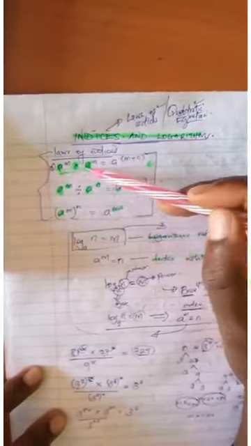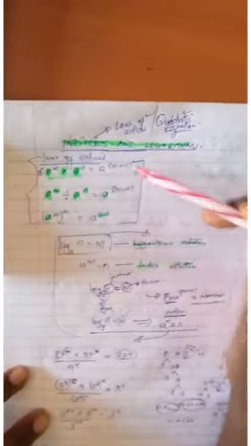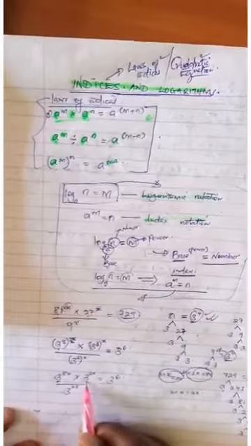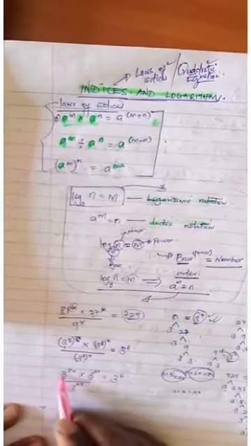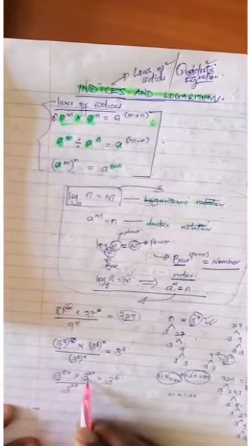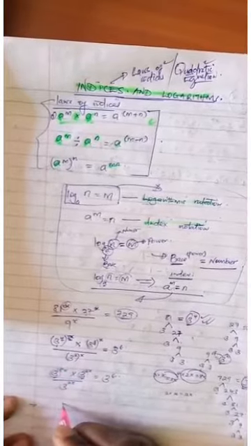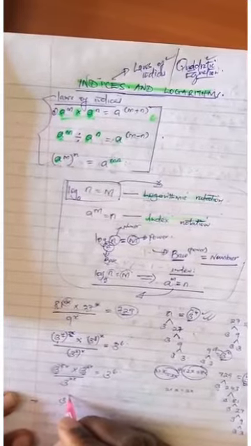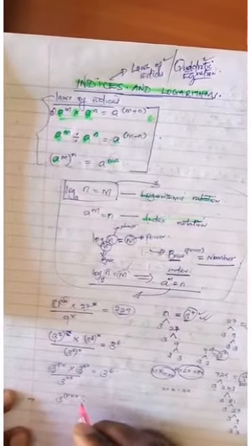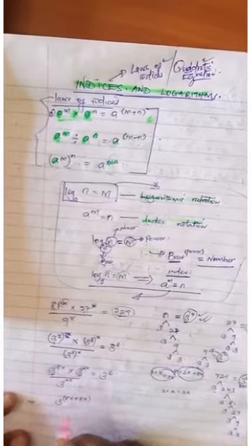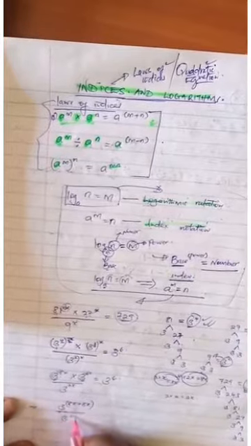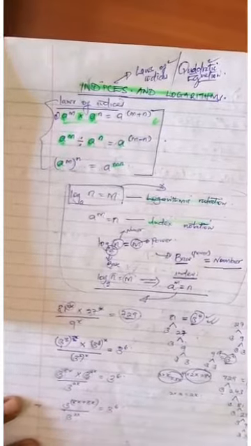Then remember that when we are multiplying numbers of the same base, we add their powers. So right now we are multiplying 3 to power 8x times 3 to power 3x. Because they have the same base, that is 3, we add their powers. So it's going to be 3 to power 8x plus 3x, over 3 to power 2x is equal to 3 to power 6.